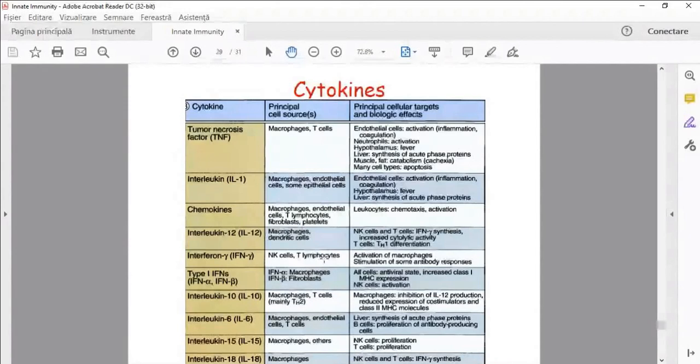As I told you, interleukin-6 is the third pro-inflammatory cytokine with a major contribution in increasing the inflammation. And interleukin 15 and 18, which are secreted mostly by macrophages, activate other cells.